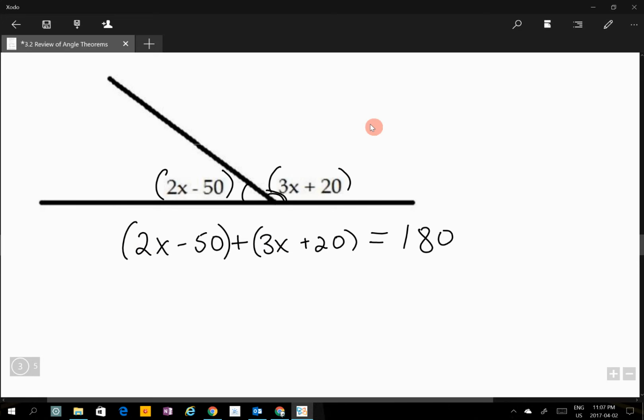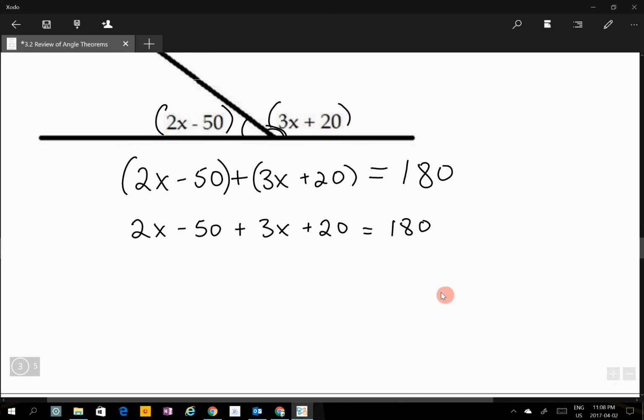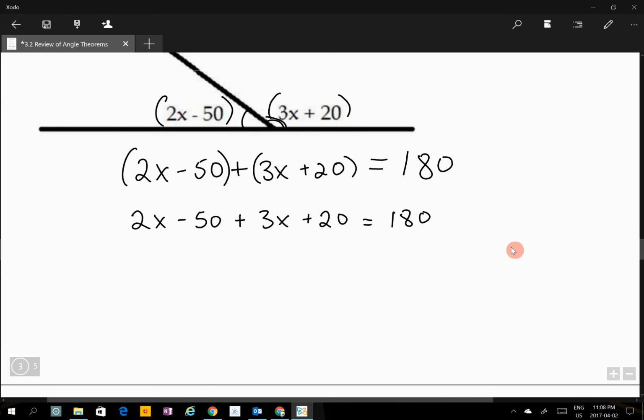I'm going to remove the brackets. You do want to start off with brackets just in case you run into a situation where you are subtracting angles, so that minus sign could make a difference. Here there's no minus sign in front of the brackets, so every term stays the same. You solve this equation just like any other from our previous cycle. You collect like terms on the left side, so 2x and 3x make 5x, and minus 50 plus 20 is minus 30, and that equals 180.